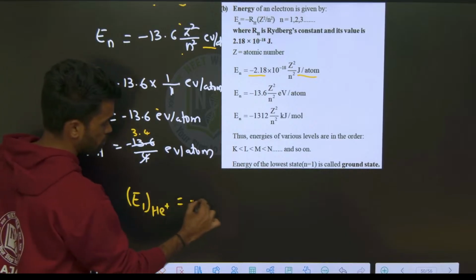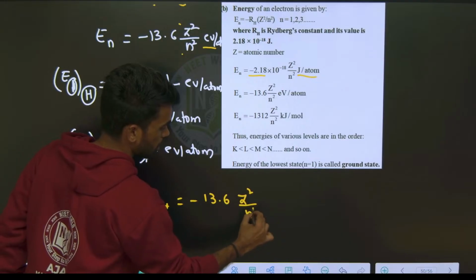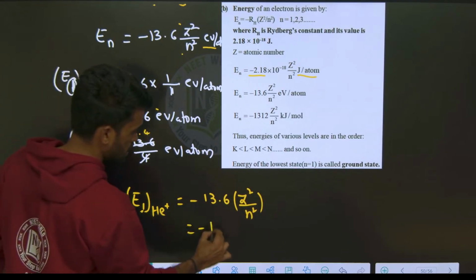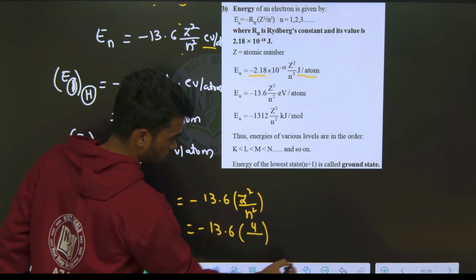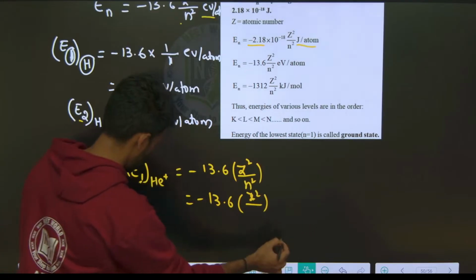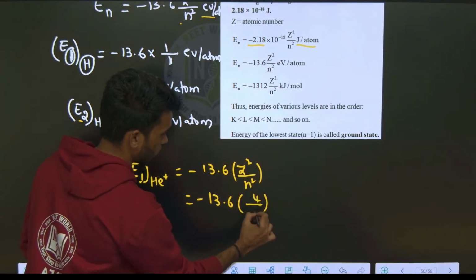So what do you write? Minus 13.6 Z square by n square. What is n? 1. So minus 13.6, and here Z square is 4, that is 4 by 1.